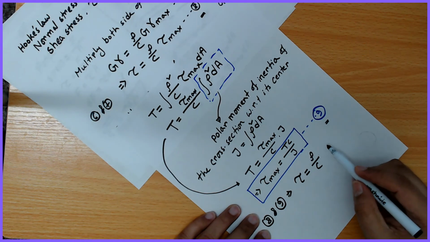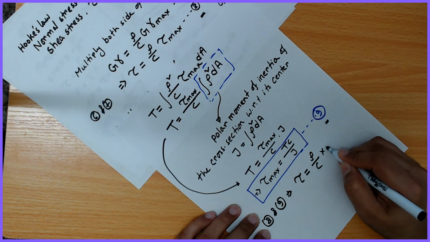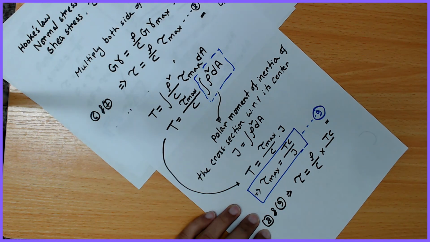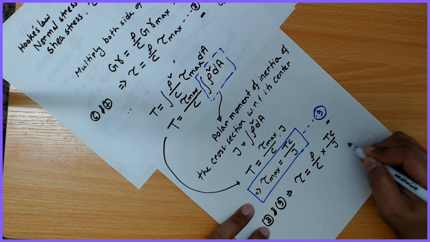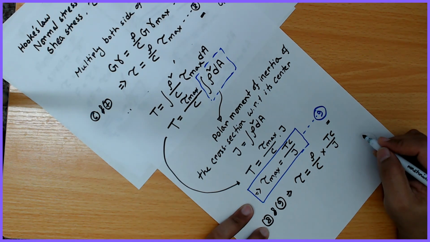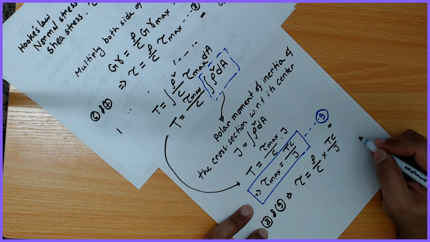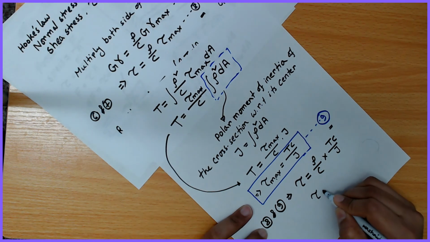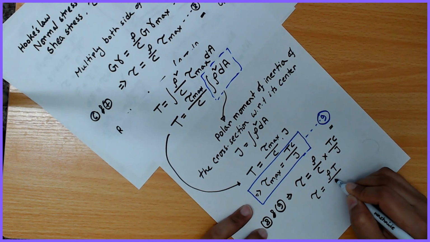If we just plug tau max into equation 8, it's going to give us TC divided by J. Okay. And so tau equal to rho T by J.